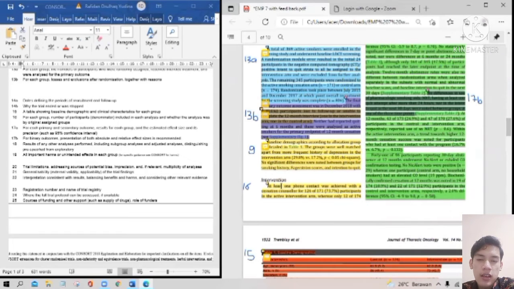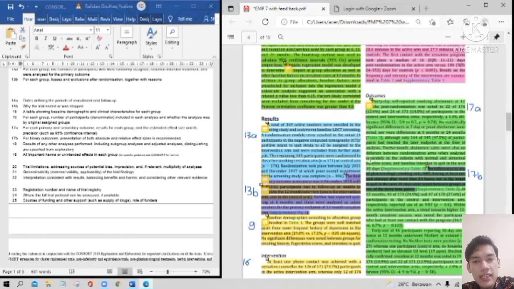I think you can read the reason that is written: at least one point of contact was achieved with the cessation counsellor for 126 of 171 participants in the active intervention arm, whereas only 12 of 174.